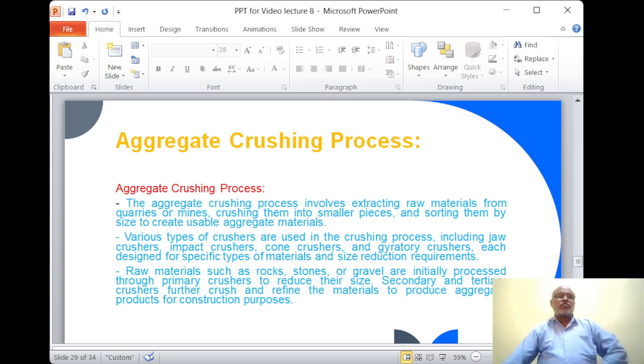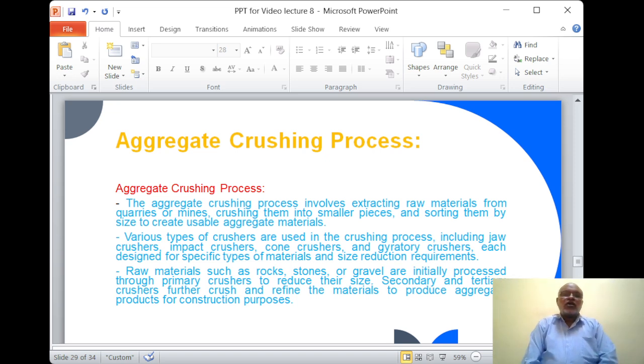Fifth, screening and grading. Use screens to separate the materials into different sizes of aggregate based on particle size. Proper grading is essential to achieve the desired quality and consistency of the final product. Crushing and grading.